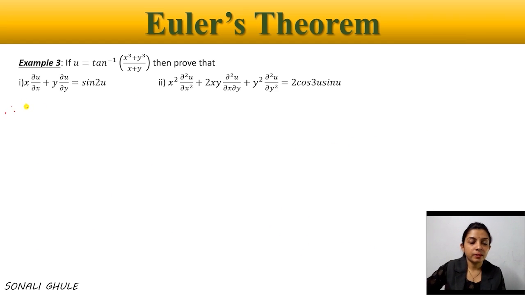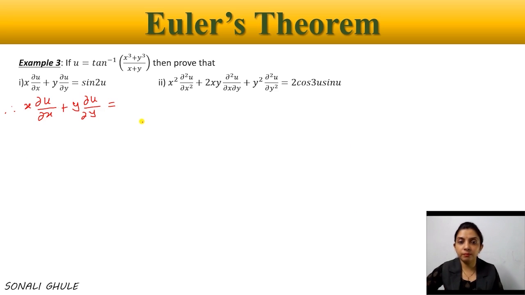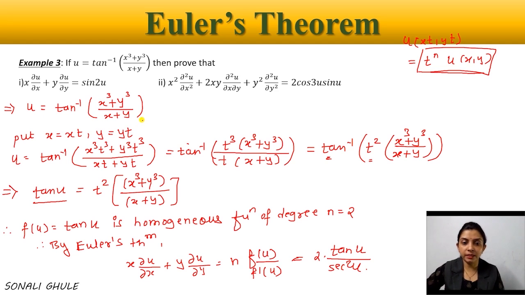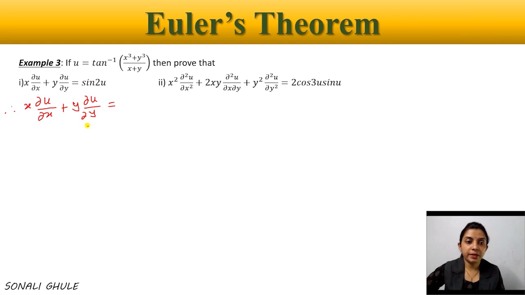Therefore, x into dou u by dou x plus y into dou u by dou y, the value for this first order relation, I got 2 into tan u upon sec square u. So I can write here 2 into tan u, that is sin u upon cos u. Okay? And sec square, I can write it is cos square u. So one cos gets cancelled.